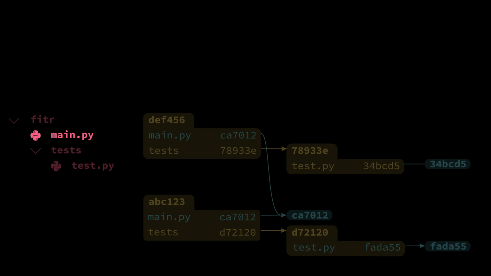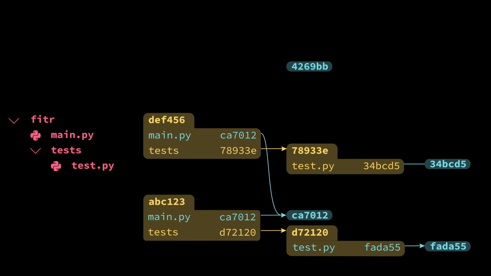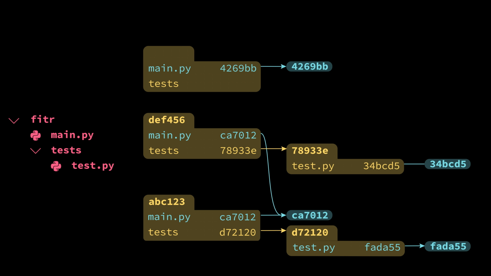How cool is that? So if we modify this file over here under the root, we get a new blob with a new checksum, and that generates a new tree. Notice that this tree still points to the previous subtree because that hasn't changed, so we don't need to recreate that. So now you have this one checksum for the root tree that represents an entire snapshot of your repository.